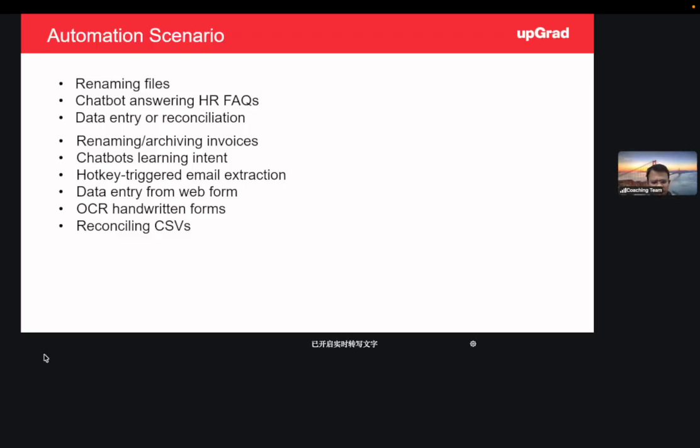Okay, Sam says renaming is pure RPA. Okay. HR says AI. Okay, why not RPA there? I mean, I was referring to a combination of AI and automation. Data entry and reconciliation are some basic processes.